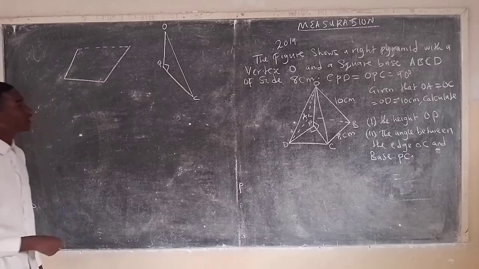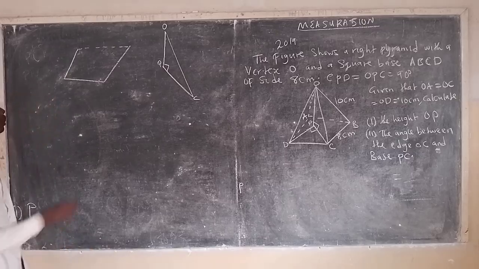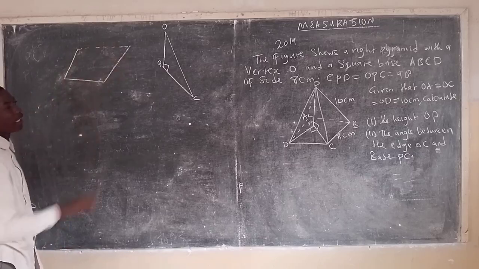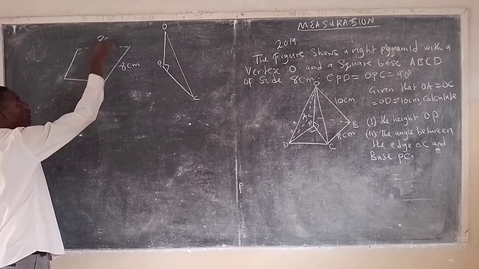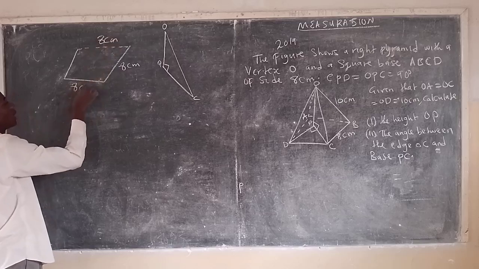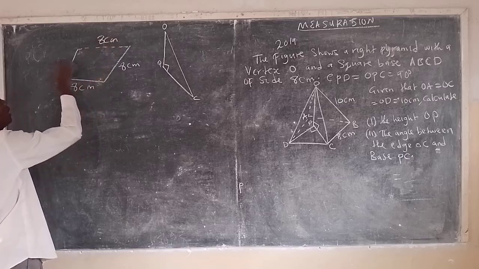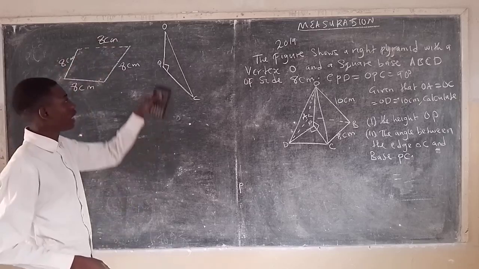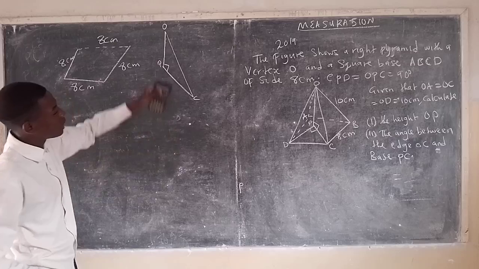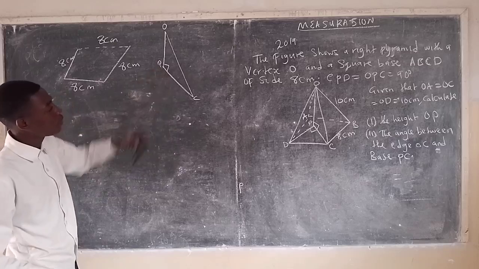A square base means all four sides are equal. So if there is 8 centimeters here, there will be 8 centimeters, 8 centimeters, and 8 centimeters.